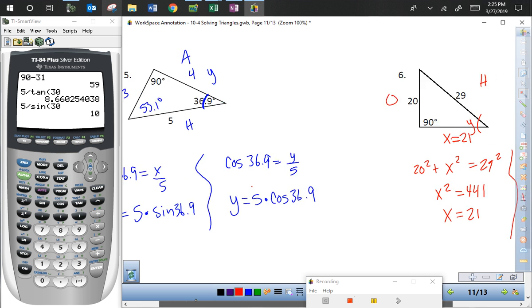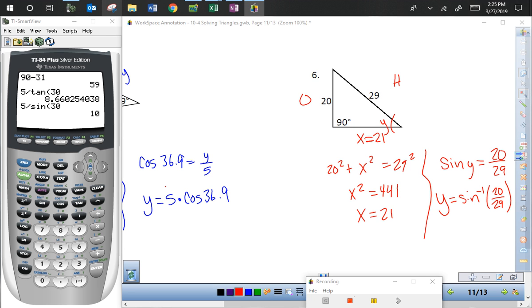Then over on the second one here, number 6, we've got 21 here, and then our inverse, I put y here to start out with, and that's 43.6 degrees. Up here, 46.4 degrees, just by subtracting. But you can choose y up here.